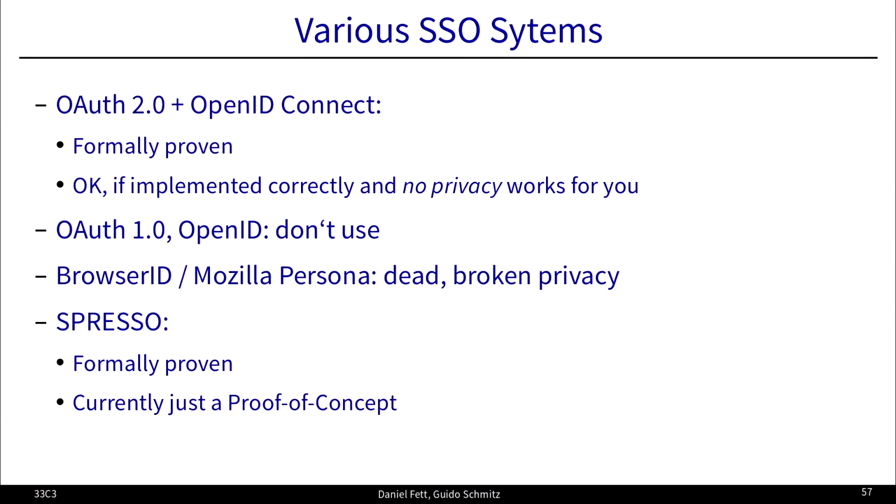Of course, if you are okay with having no privacy, because OAuth and OpenID Connect don't have any kind of privacy that we talked about. Regarding OAuth 1.0 and OpenID, I think they can be considered deprecated and shouldn't be used. BrowserID, Mozilla Persona, was a nice experiment, but is dead now, and also has broken privacy.